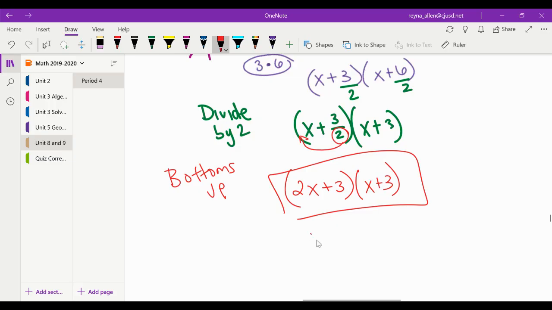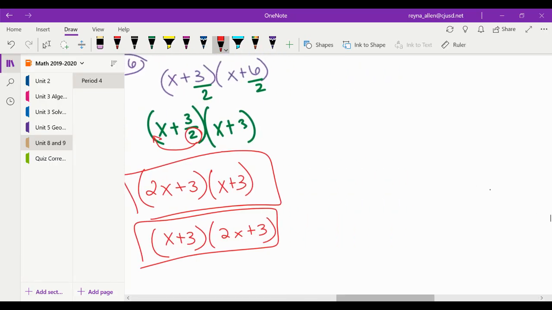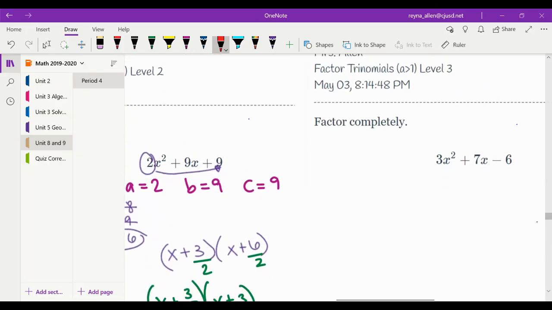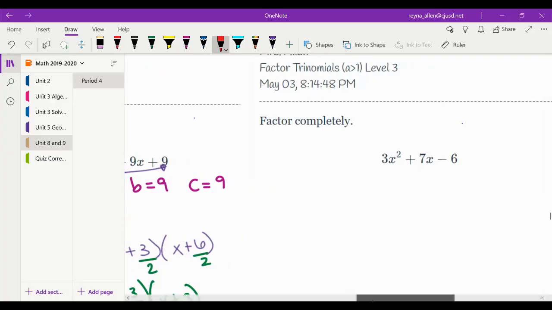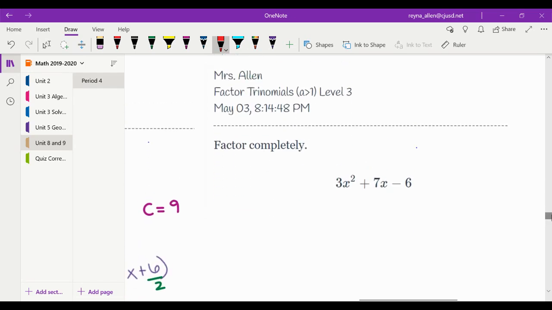If you wanted to write your answer as x plus 3 and 2x plus 3, that would also be fine. Okay, last one. If you want to try this one on your own, you can pause the video right now and then press play whenever you have it done.